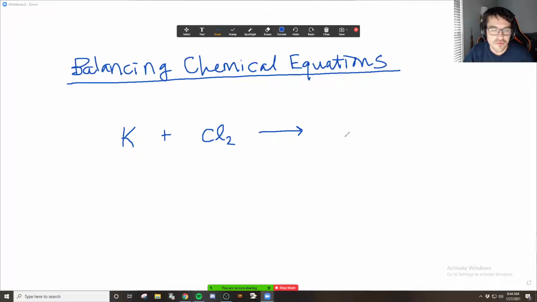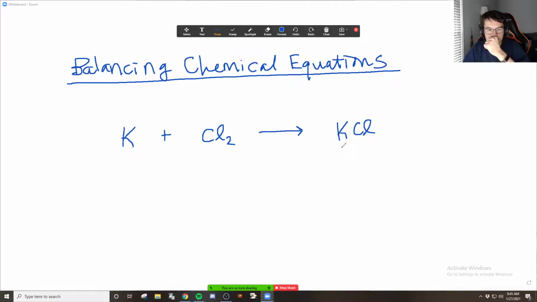This is a synthesis reaction. The new compound is an ionic compound, potassium chloride, KCl. Okay, so we have pure potassium metal exposed to chlorine gas, and the synthesis reaction takes place, forming this new compound, potassium chloride.